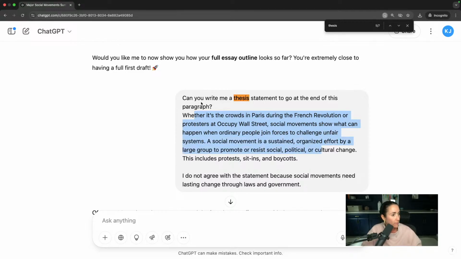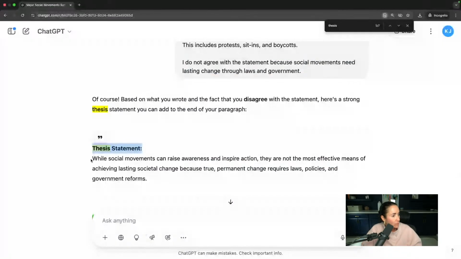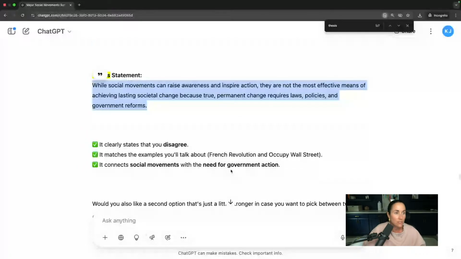And I said, can you write me a thesis statement to go with this? And I said, I do not agree with the statement because social movements need lasting change through laws and government. I gave it my position. And it said, sure, of course, and it wrote it for me. While social movements can raise awareness and inspire action, permanent change is required by laws. And I believe that's the one that I used.